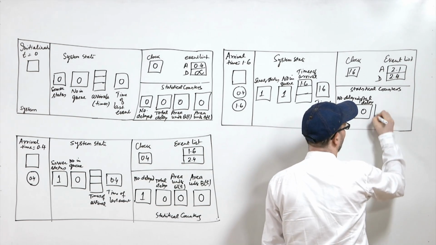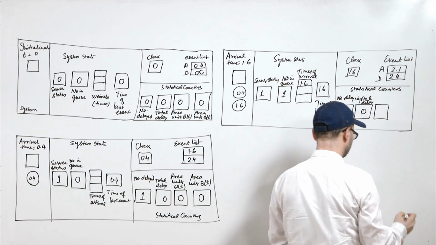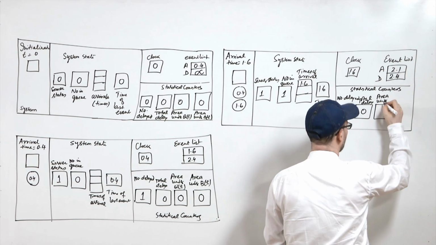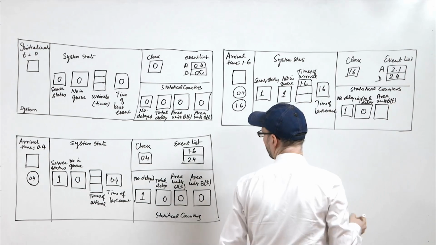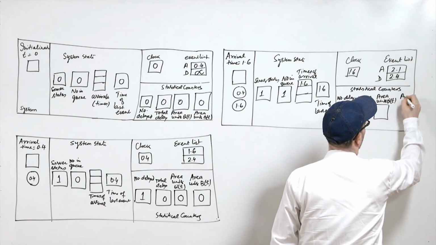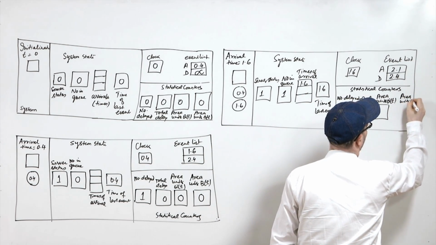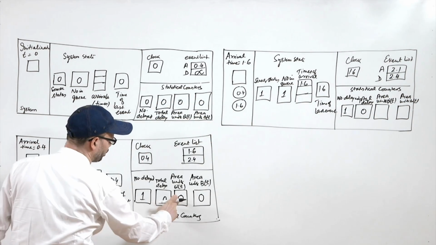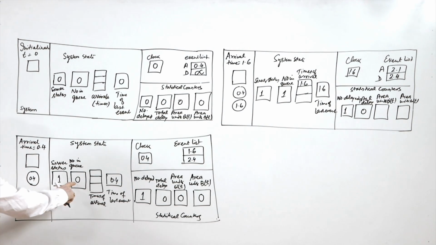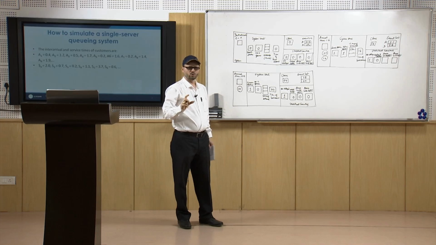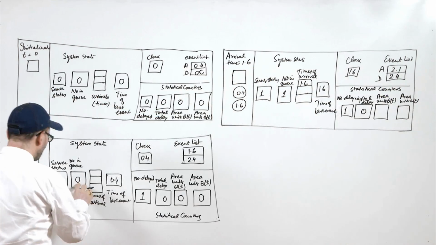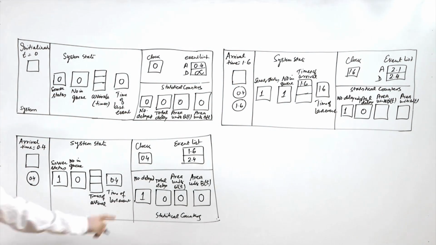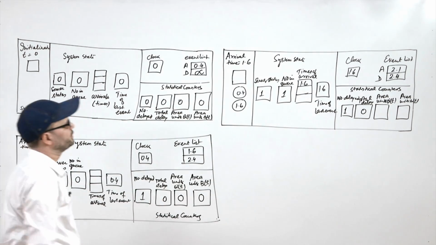Then you have area under QT and area under BT. Area under QT is 0 here, and the number of persons in queue is 0. So, 0 plus 0 into 1.6 minus 0.4. Since both are 0, this will again come as 0.